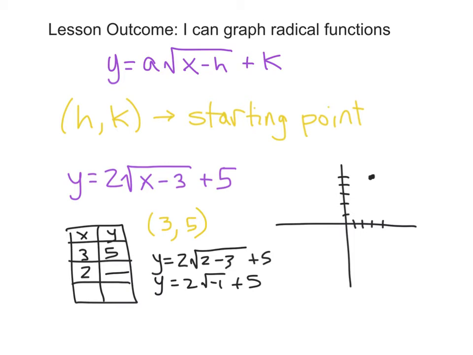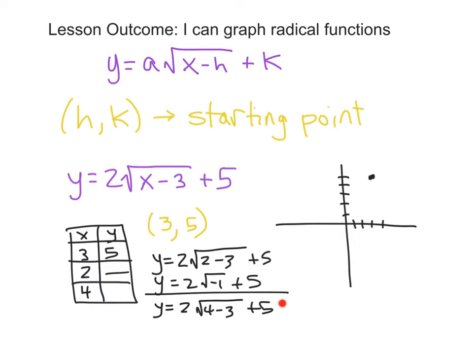So we know the graph now is going to curve either up and right or down and right. It can't curve this way because 2 doesn't have a y value. So let's go ahead and choose another point, maybe to the right of the starting point, so maybe 4 for our x value. So let's put 4 in, and now we're going to get y equals 2 times the square root of 4 minus 3 plus 5.